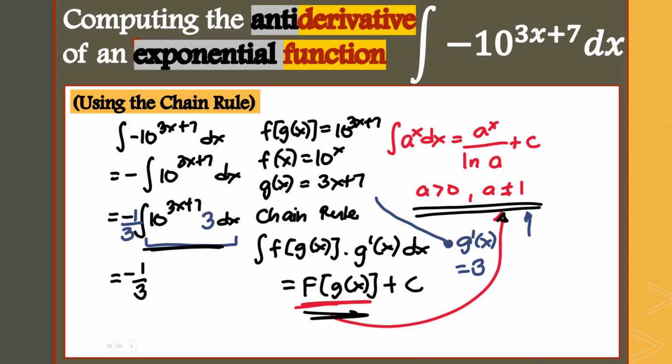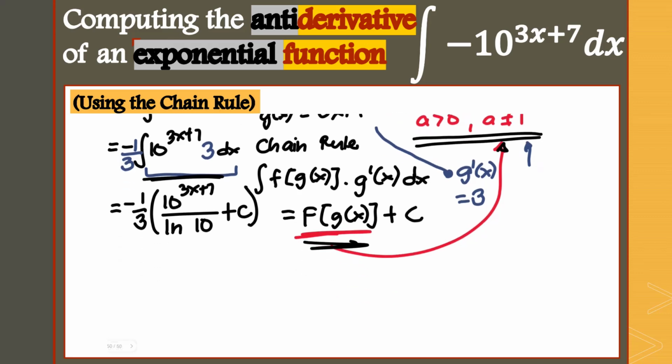So you will have here itself, look into this, itself times 10 to the power of 3x plus 7 over the natural logarithm of your base, plus c. That is using now this rule after we have verified that it is actually a composite function which would use the chain rule.